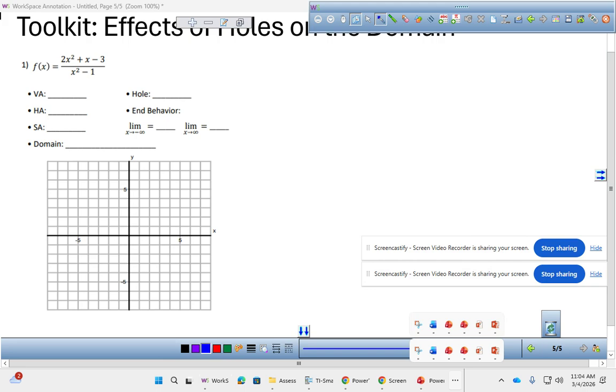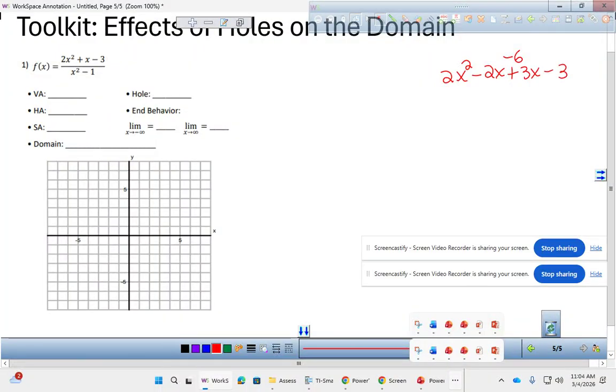So step 1, factor the numerator and denominator. I'm just going to see off to the side here if this grouping works. So I'm looking for a -6. So 2x squared minus 2x plus 3x minus 3.